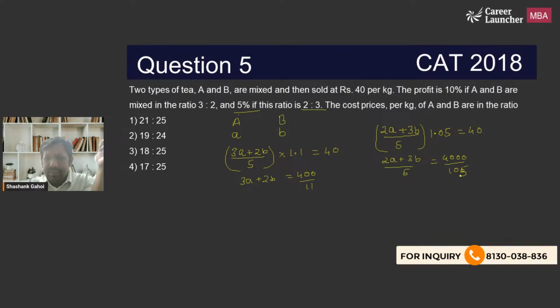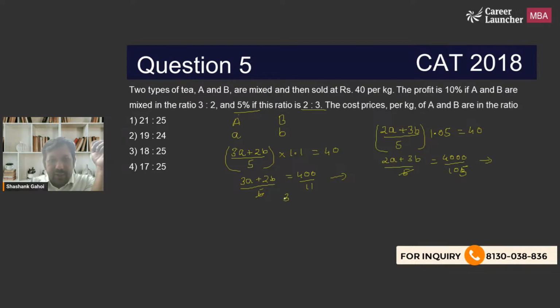Fair enough. So what can I do right now? Instead of cross multiplying, I am just going to divide. So I am going to divide this upon this. If I divide, then this 5 will be cancelled out.